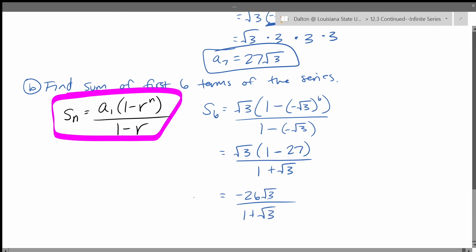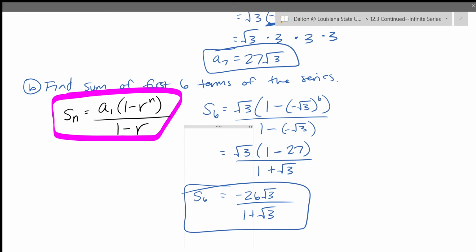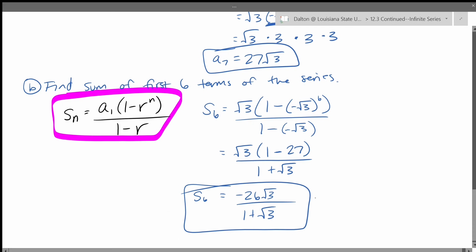Now, technically, this is not considered simplified in many circumstances because we're not allowed to have radicals in the denominator. We would have to multiply by the conjugate, which would be 1 minus the square root of 3 over 1 minus the square root of 3, but that's a little lengthy at this point. I'm mainly reviewing how to find sums using the formula.